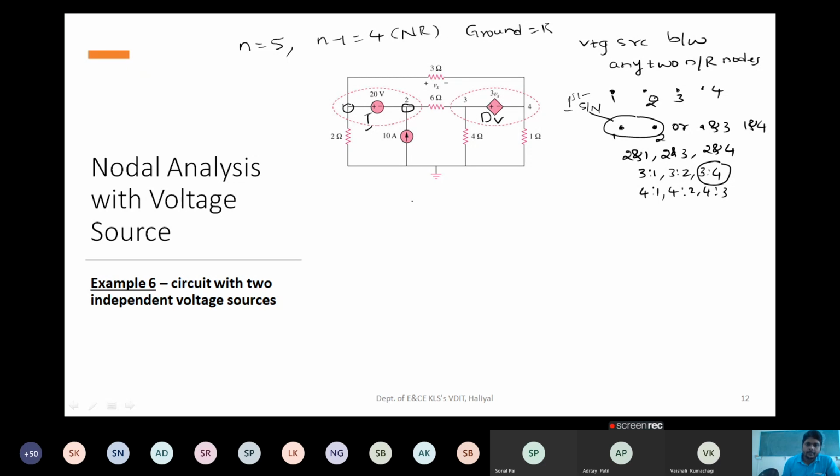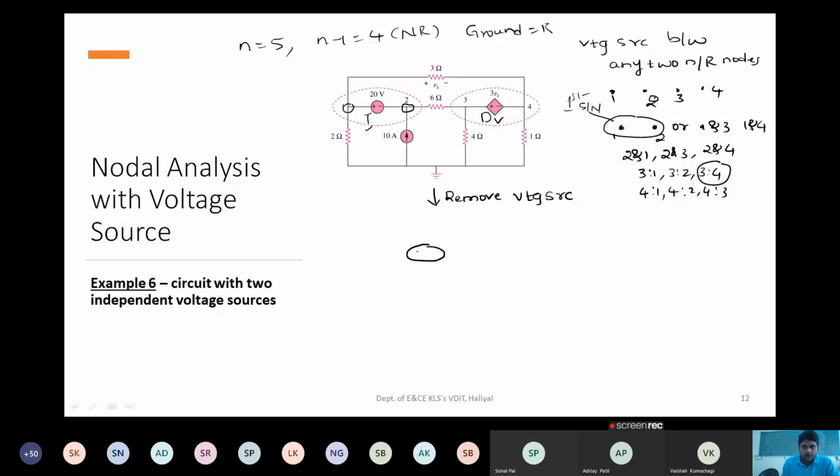So what will be the first step now? You have to remove the voltage sources from those two nodes and you have to club them. So if I rewrite, removing the voltage source and clubbing them, I will remove first this 20-volt source. So what will I get?